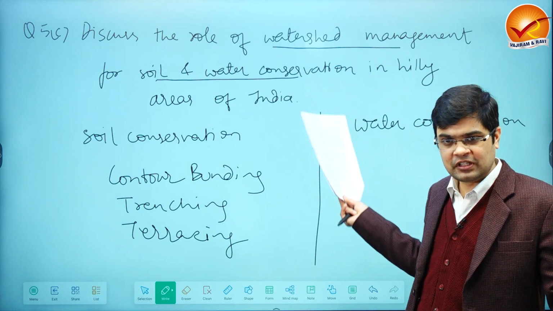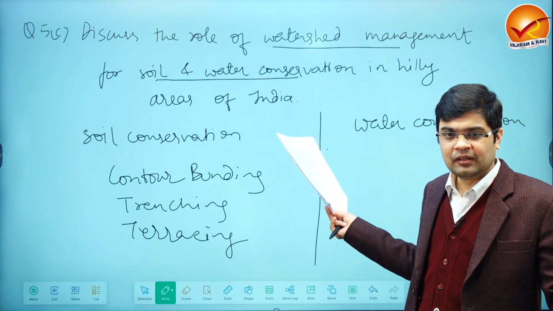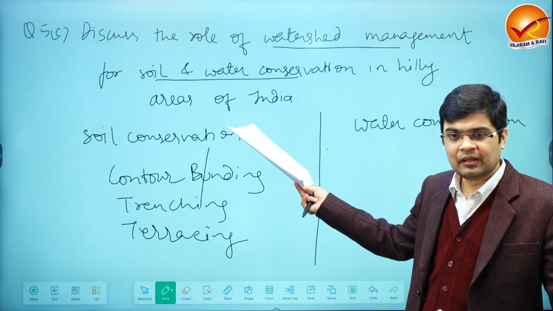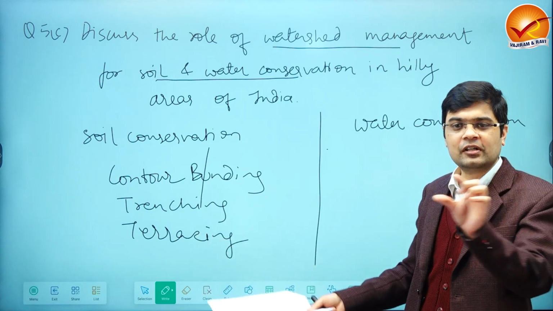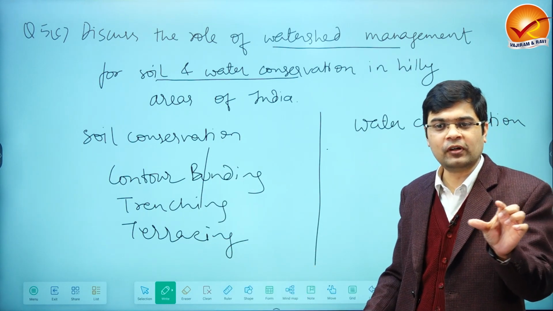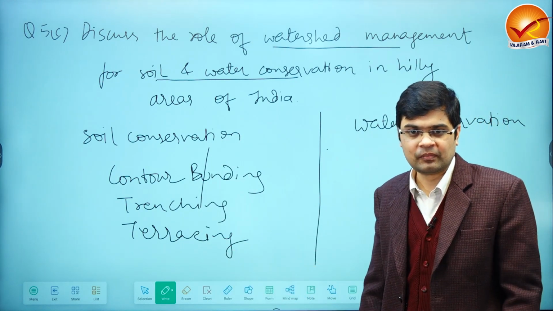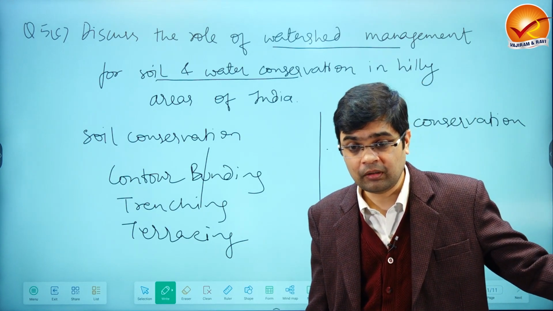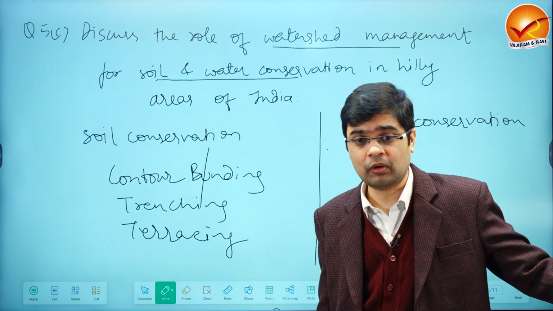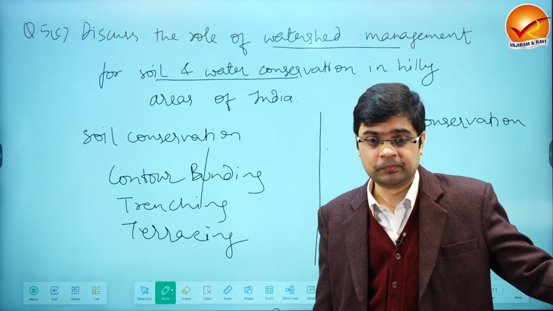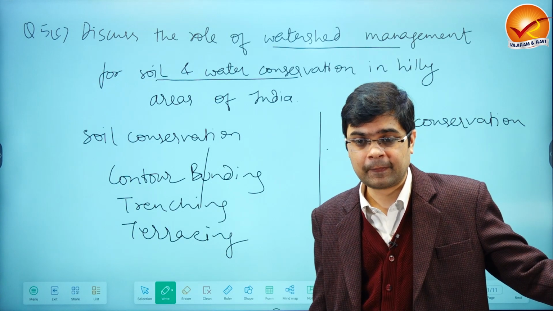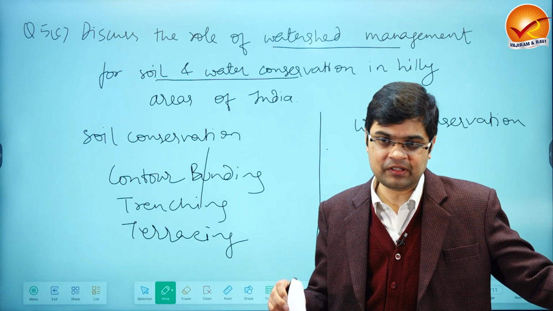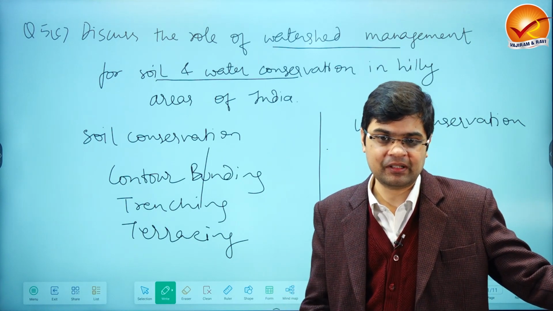You can mention water harvesting structures, these things we have done in class. And then towards the conclusion, you can write about the role of community participation, decentralized planning, bottom-up approach. You can talk about Pani Panchayats here. Okay? So again, a very simple question on the expected lines.